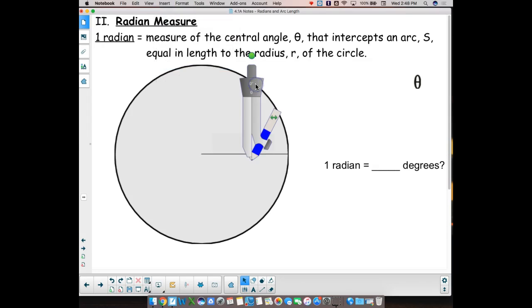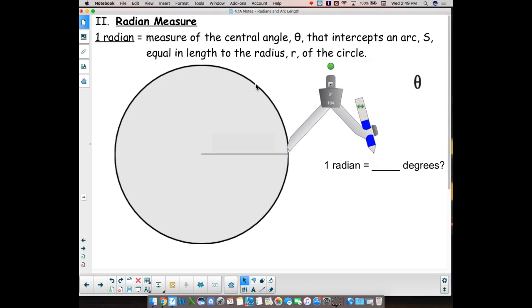So if I get my compass back out here and I extend it out there, the radian, the angle is going to be, oops.